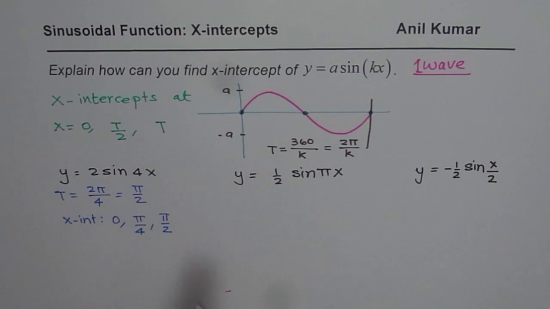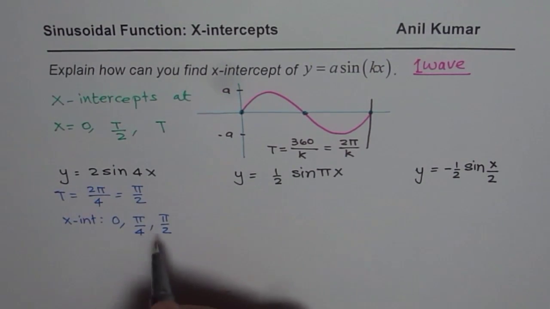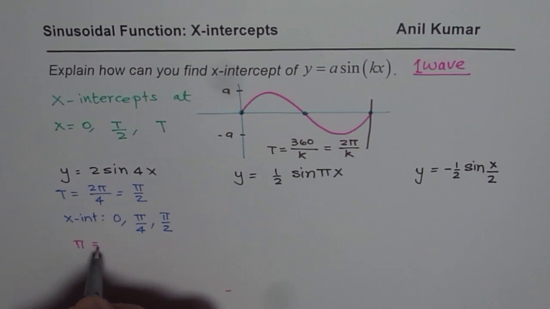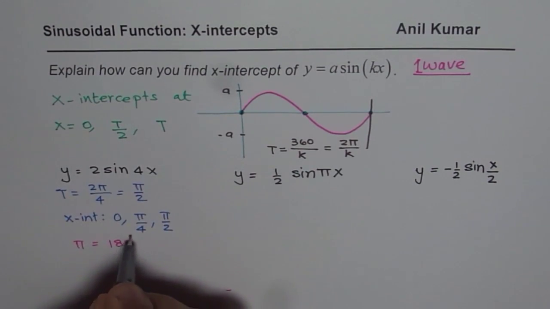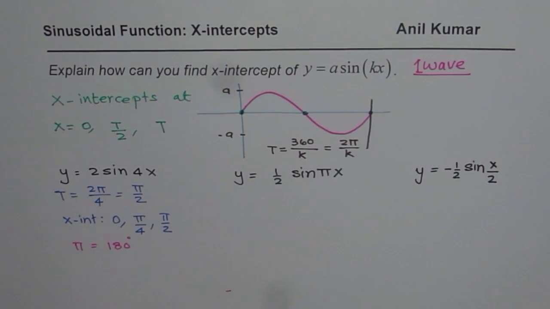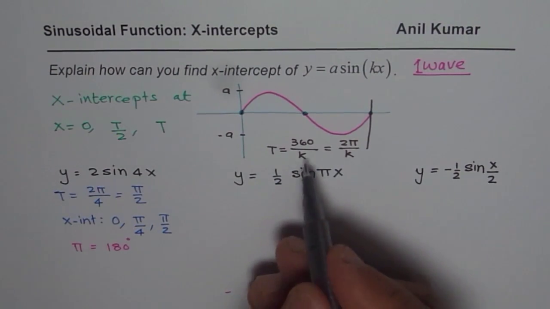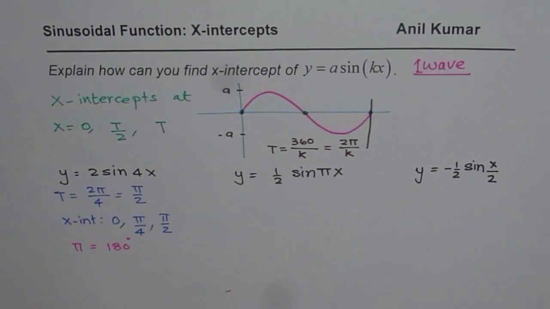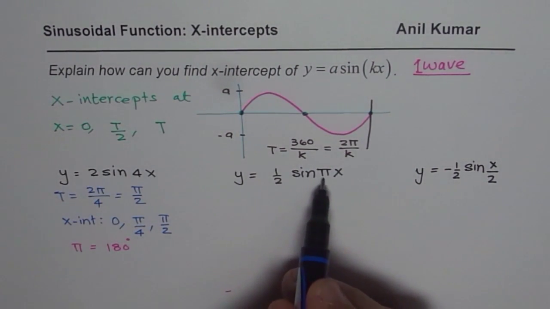If you are working in degrees, what you can do is, pi equals 180 degrees. So you can change pi with 180 degrees and get your answer, right? Or use this formula to find time period and do the needful. The second question here is y equals half sine pi x.